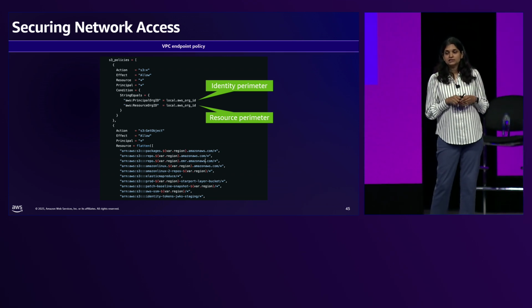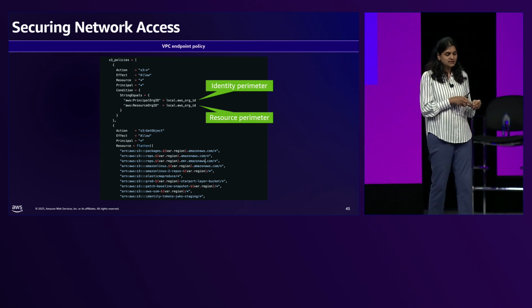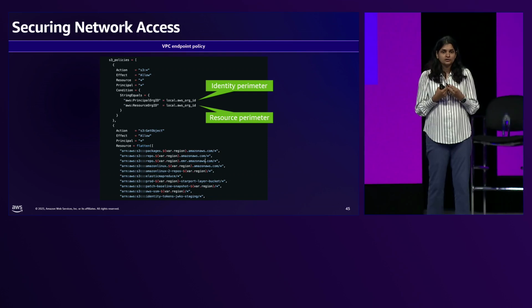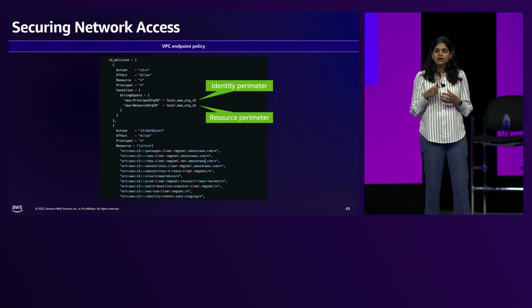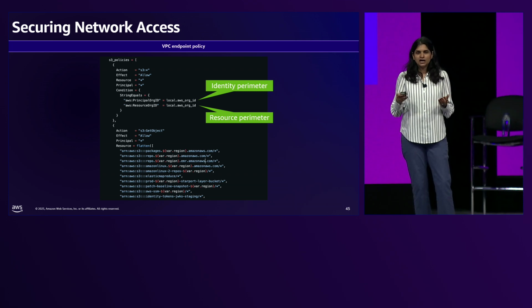Next, we are using resource org ID. What we want to make sure is that if a trusted entity is trying to access a resource, that resource should also belong to Block's org. There are obviously cases where we have to allow different types of access also, but this ensures that our model is locked down.